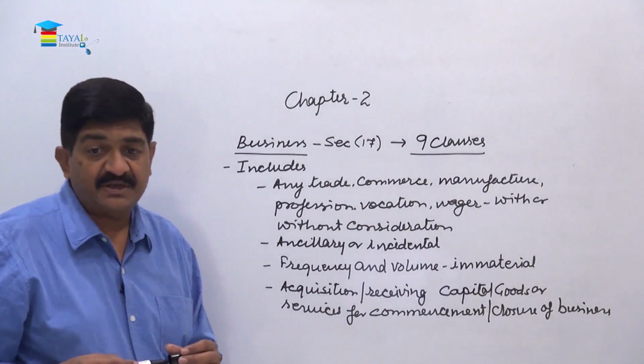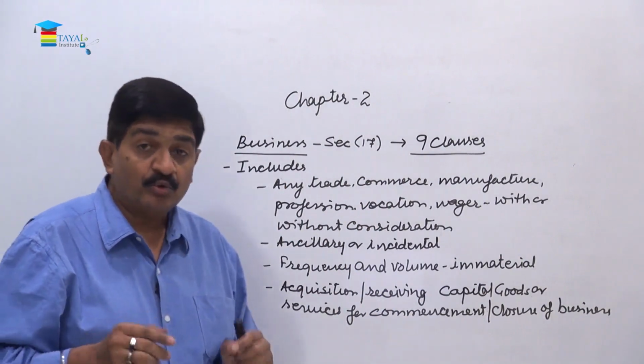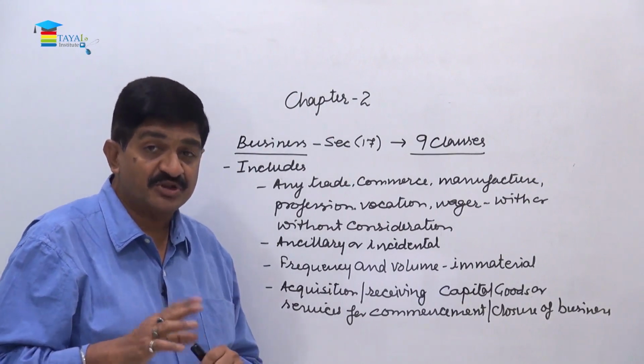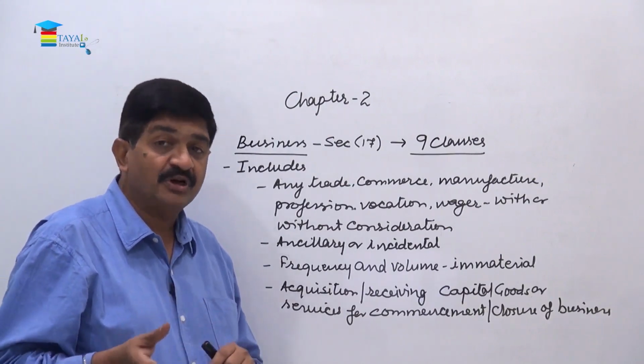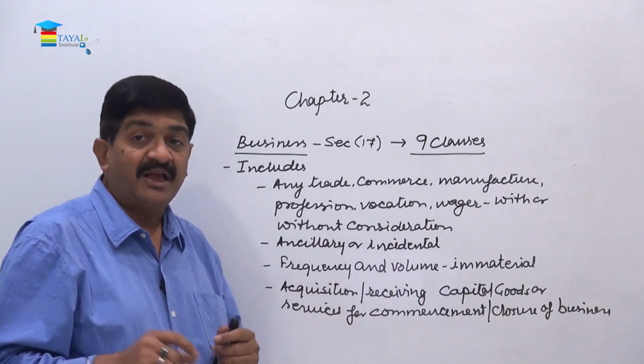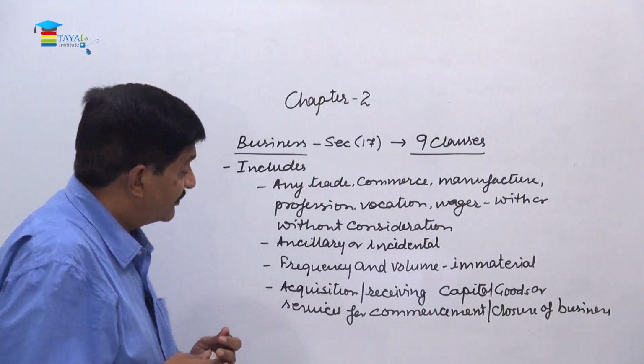So activities in relation to commencement and closure are also regarded as business. So when the business is shut down, the assets are being disposed of, that disposal of capital goods or acquisition at the time of commencement, everything will be regarded as business.